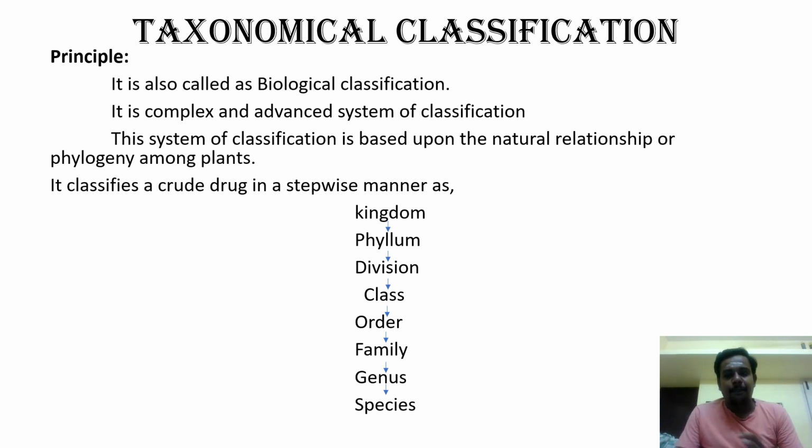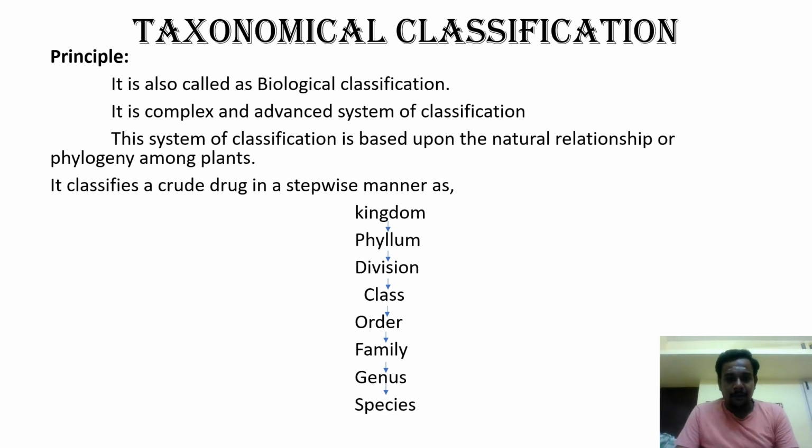If 10 plants have the same number of petals or sepals in their flowers, then we will group them separately. Like that, based on the morphological characters, or based on the similarity between each and every plant, we are going to categorize them.